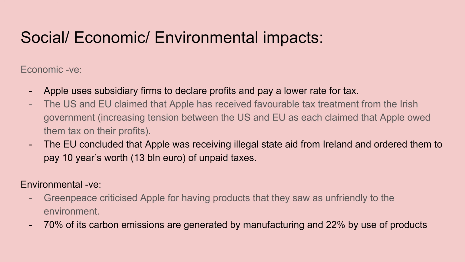This favorable tax treatment can be linked to how, according to a textbook, Apple was lured into Ireland. So you could see a link there. The EU concluded that Apple was receiving illegal state aid from Ireland and ordered them to pay 10 years' worth of unpaid taxes, which is 13 billion euro.